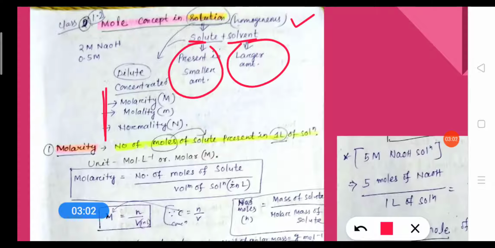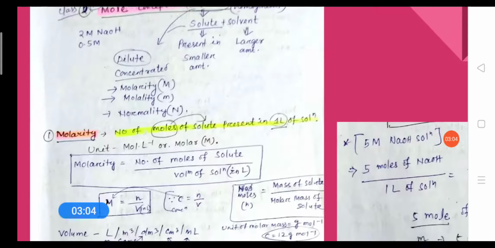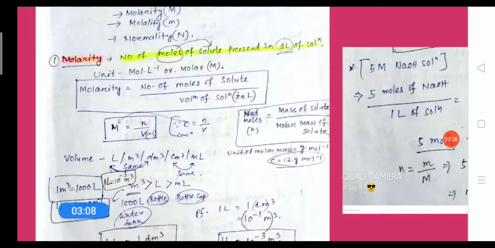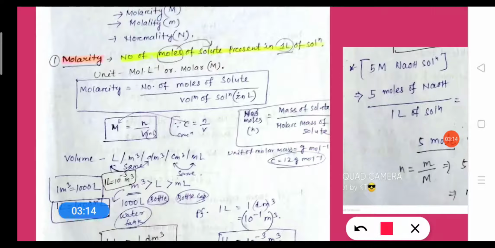Then what is molarity? First term, molarity: number of moles of solute present in 1 liter of solution. In the previous class we have discussed the mole concept. Then what is mole? Number of moles can be calculated with this formula.